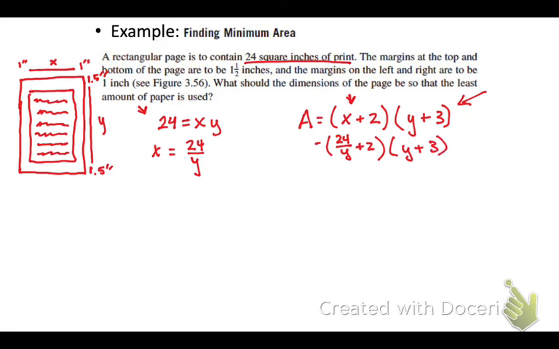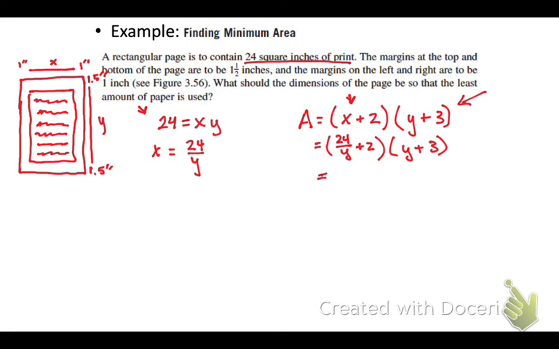Now, I don't particularly want to do a product rule, do you? No. Now, if it was cubed or something, we'd have to. We don't have to. We can distribute this. So let's FOIL it.